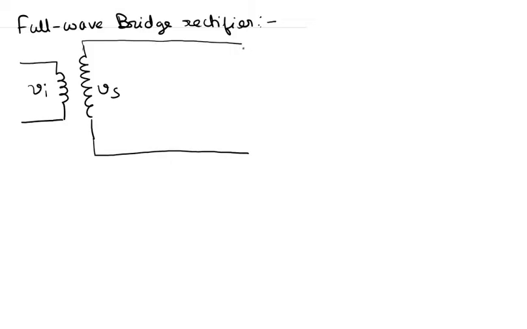and then there is this diode D1 which is connected to this load resistor RL, and then there is this diode D2 over here. So this is D1 and this is D2.